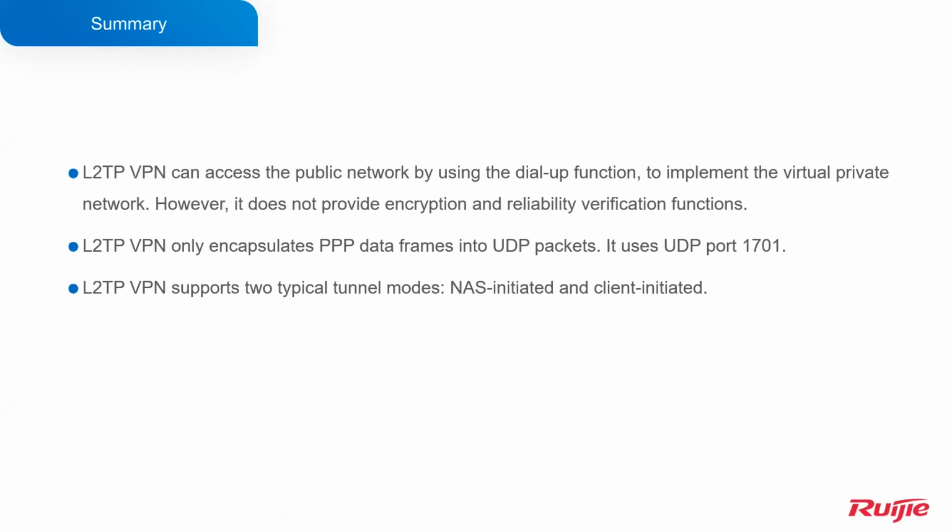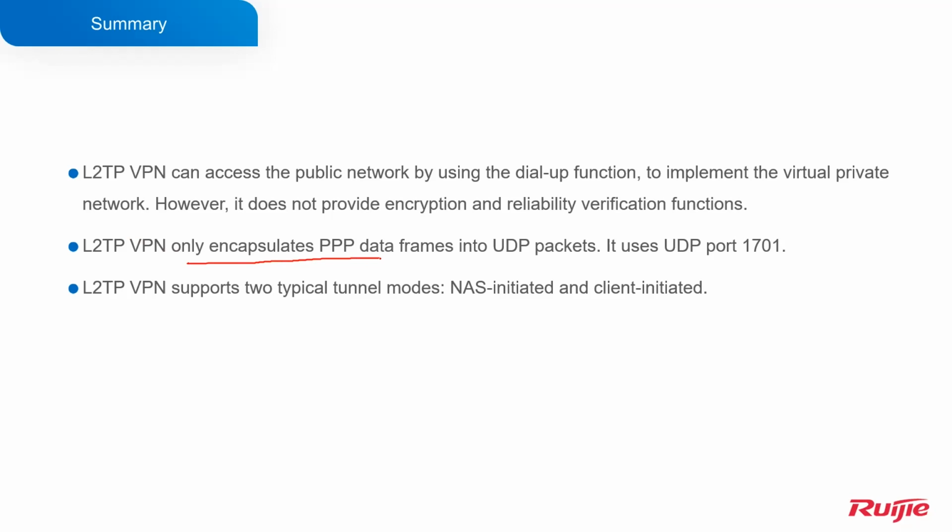But if someone gets your packets, they will know everything. So this also is a disadvantage of L2TP VPN. And another is that L2TP VPN can only encapsulate PPP messages into UDP packets. And the UDP port number is 1701. So this also is a limitation.